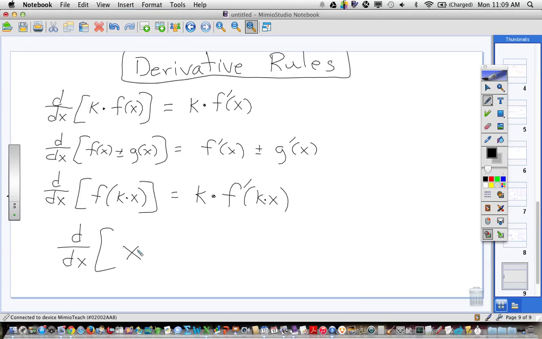Okay, so the derivative of x raised to the n power is n times x to the n minus 1. So this is our power rule. So these are just kind of our shortcut derivative rules that we have so far. So we don't have to do the definition, the limit definition, the long one. Okay?